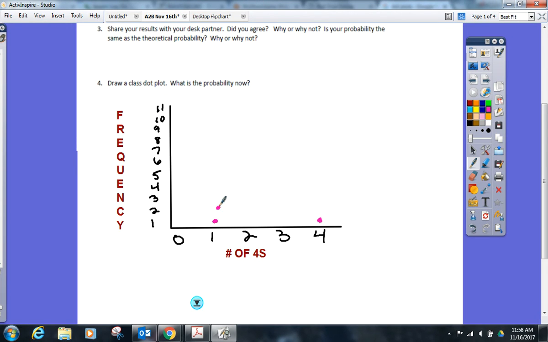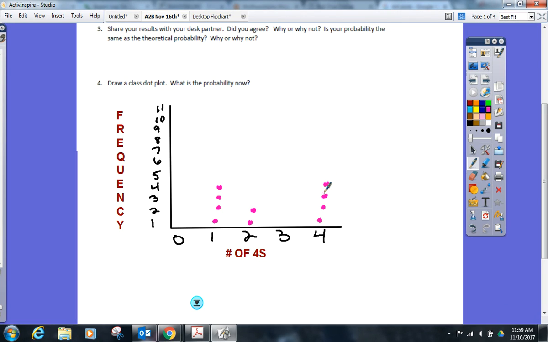1, 2. Lucas, 4. Cooper, 4. What'd you have? 2. 1. Maddie. Patrick, 4.